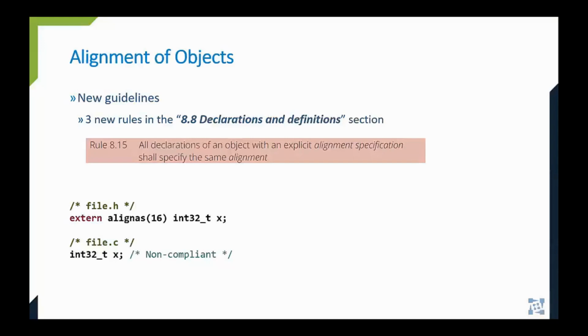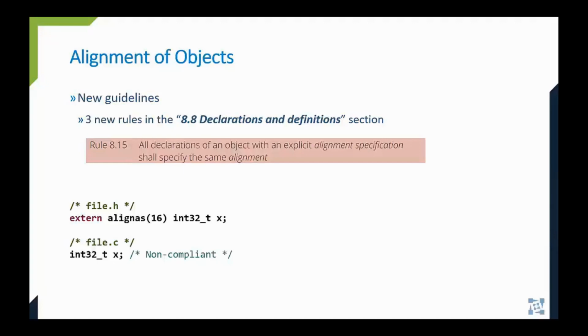This is to avoid potential undefined behavior, which occurs when 2 declarations of the same object have conflicting alignment specifications. But the MISRA rule goes beyond the undefined behavior itself and requires that all such declarations use alignment specifications that are lexically identical after macro expansion. And this is to ensure consistency and to avoid potential portability problems.